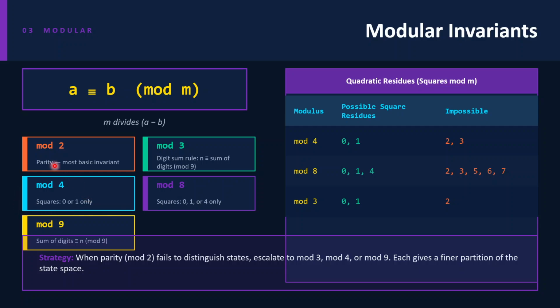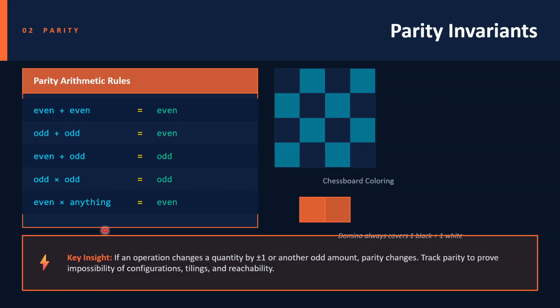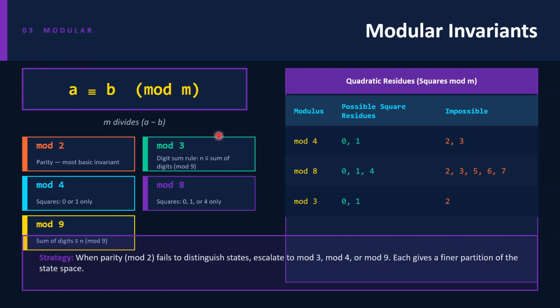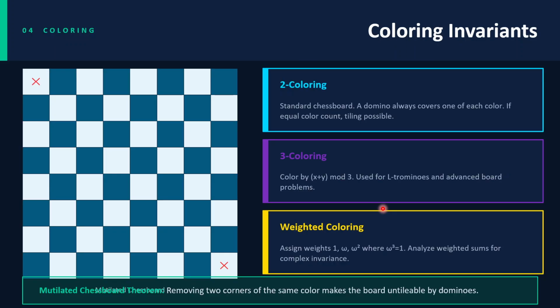And mod 2 is the most basic invariant, just parity, which we talked about before. Mod 3 is a digit sum rule: n has the same residue as the sum of its digits. And mod 9 is nothing but the sum of digits again. So this is the second invariant.